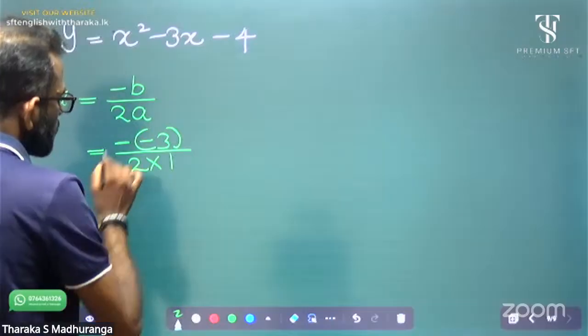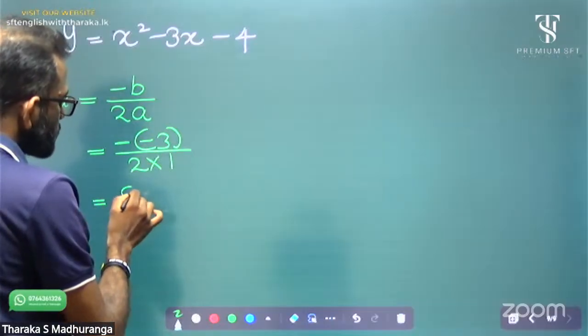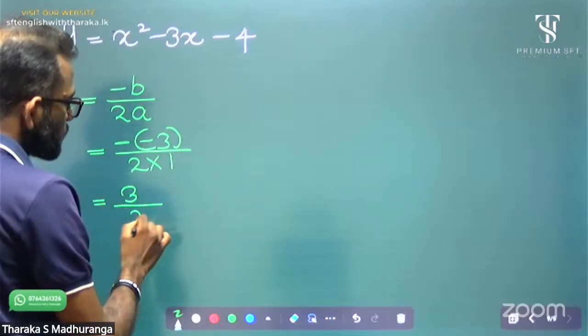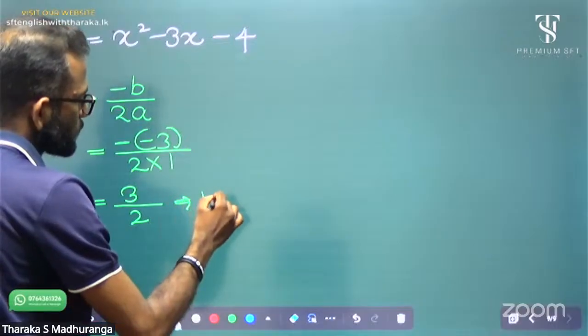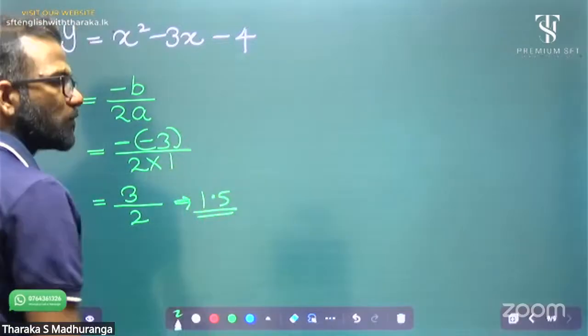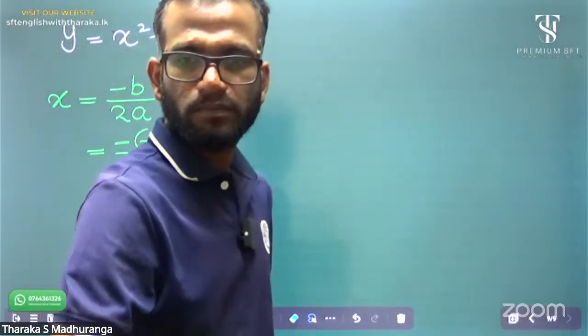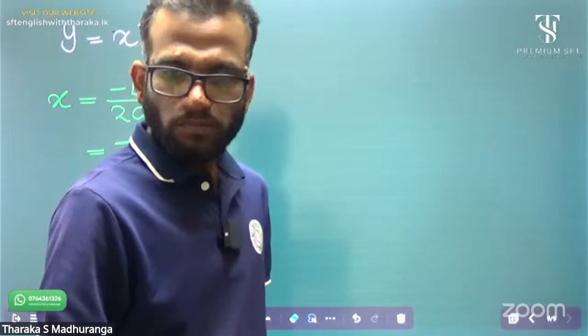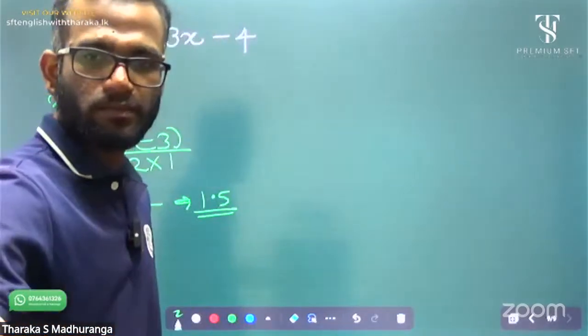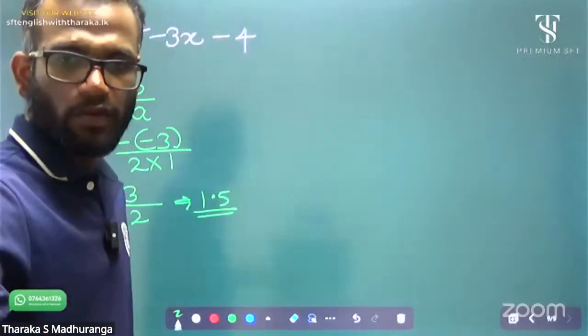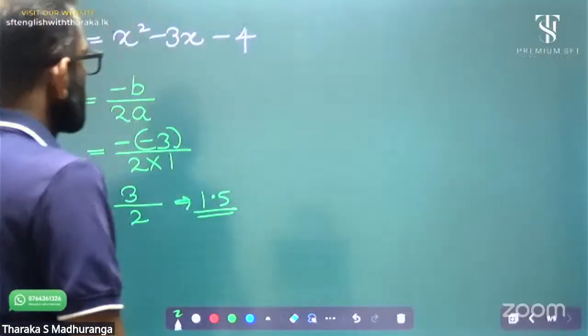Minus minus, it is plus 3, 3 over 2, 1.5. Very good. All the same. Good.